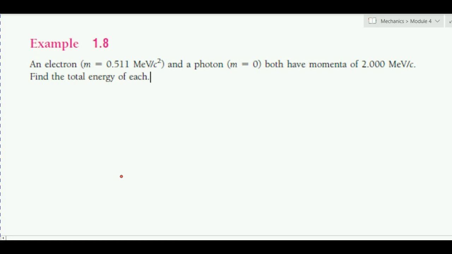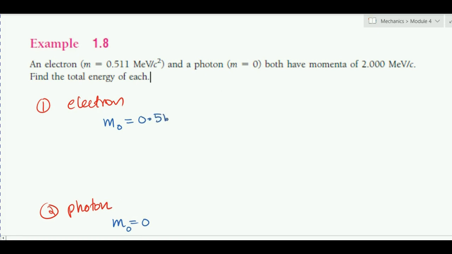Okay, so we have an electron, and a photon. In the case of a photon, m0 equals 0. For the electron, m0 is 0.511 MeV per c square.